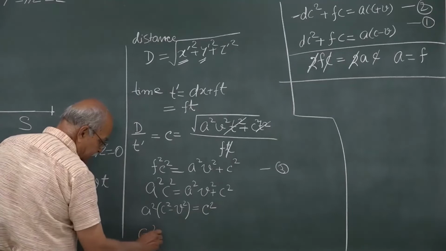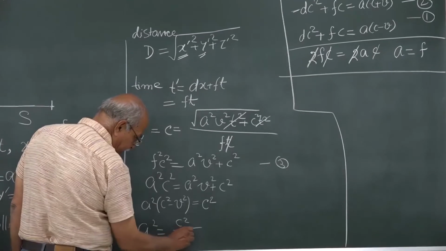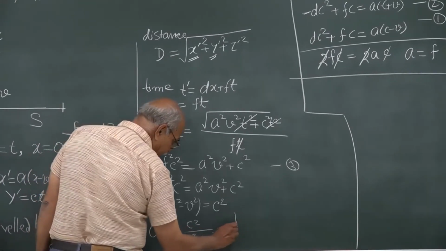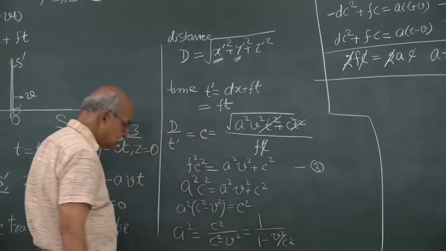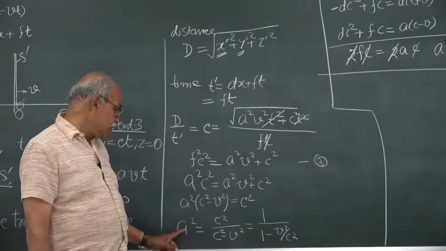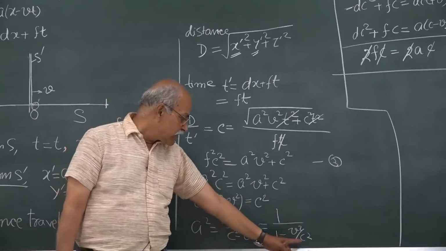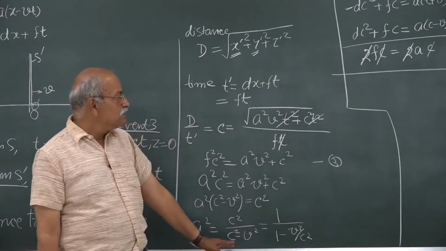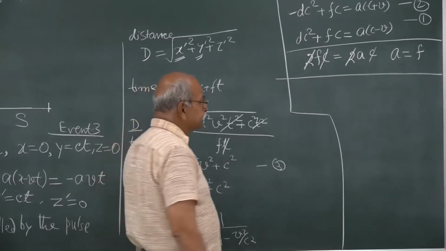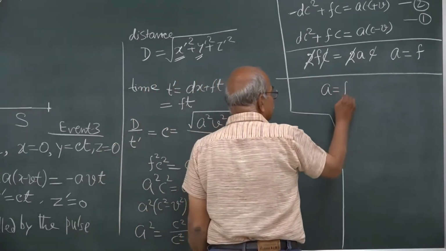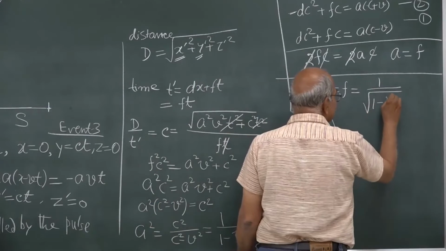So, A square is equal to C square divided by C square minus V square, and that is 1 divided by 1 minus V square by C square. So, A is equal to the square root of 1 by 1 minus V square by C square, and that same is the expression for F also, because A is equal to F.